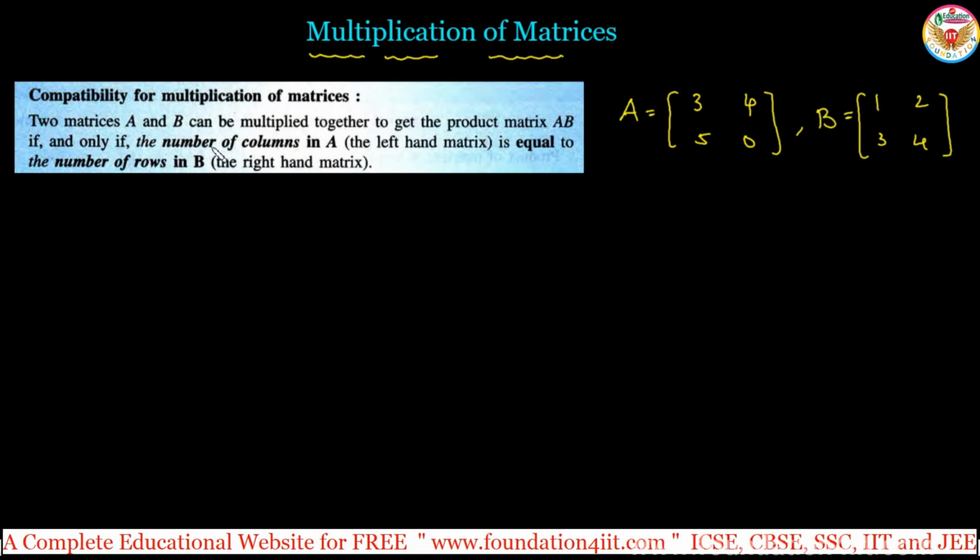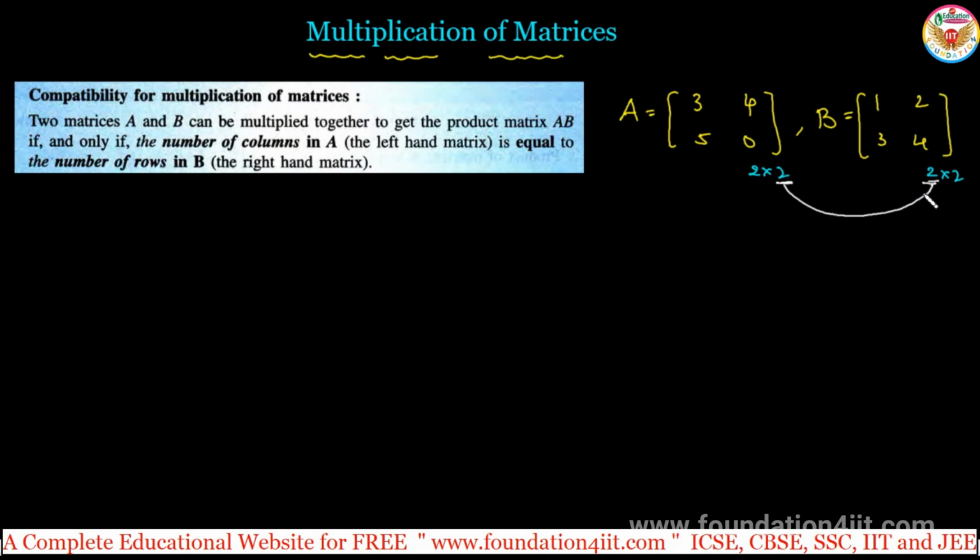First, see the feasibility: the number of columns in A should be equal to the number of rows in B. Now this is 2 rows, 2 columns. It's also 2 rows, 2 columns. So first matrix columns should be equal to second matrix rows. Then only matrix multiplication is possible.